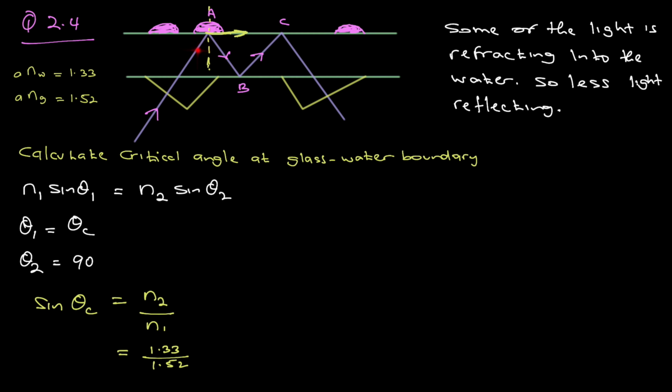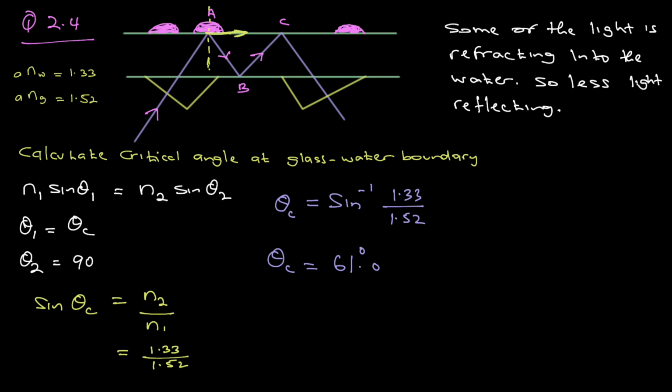Now we can find the critical angle: theta critical equals sine to the power minus 1 of 1.33 over 1.52. Punch that into the calculator and you get 61.0 degrees.